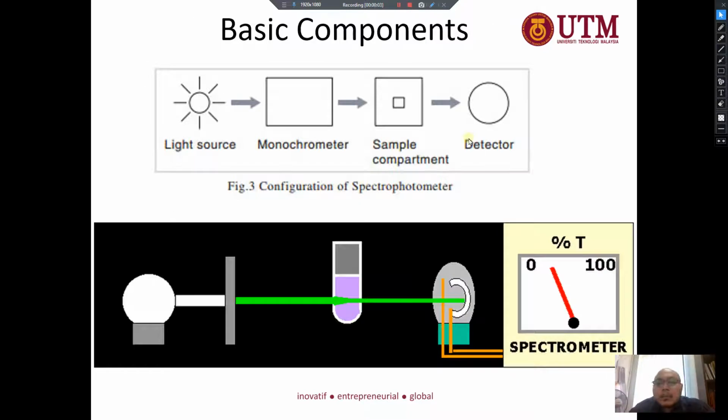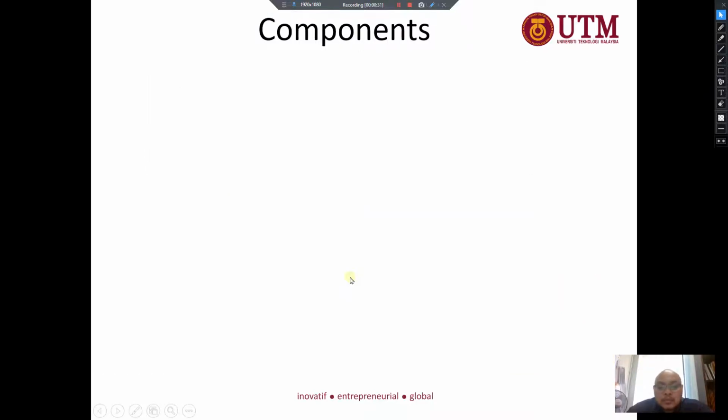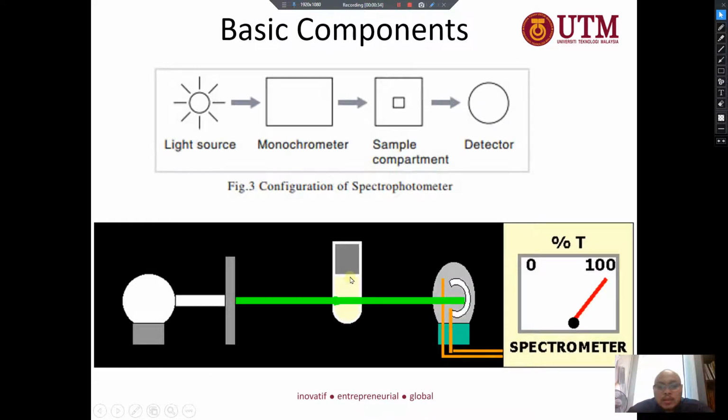Let's look into the basic components of the spectroscopy instrument, or the spectrometer. Here are the basic components: the light source, then the monochromator, then the sample compartment, and then the detector. Here we have the animation. The light source goes through the monochromator.